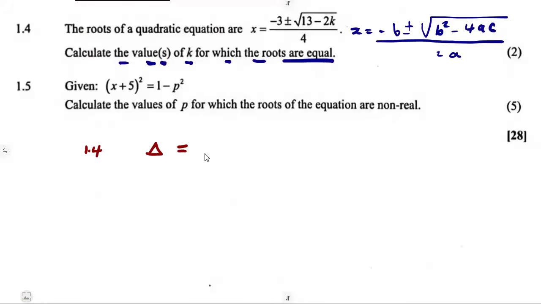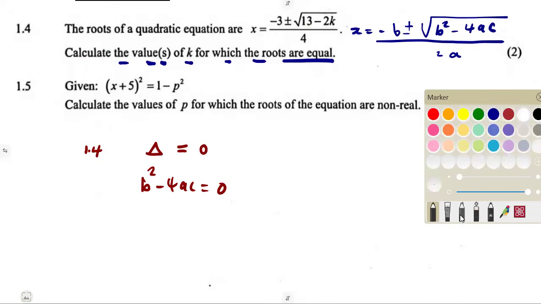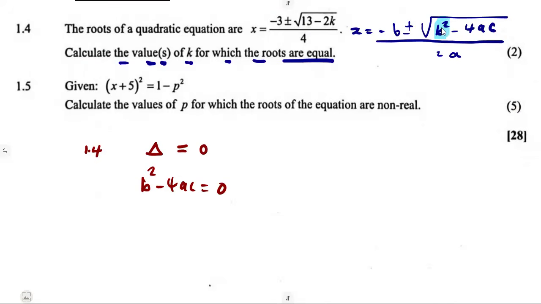For equal roots, it is supposed to be equal to zero. It must be exactly equal. This one, b squared minus 4ac, is the part that is under the square root. So if it is this one that we are talking about as our delta, which is our discriminant, how is it represented on the other side here? We can see it here.